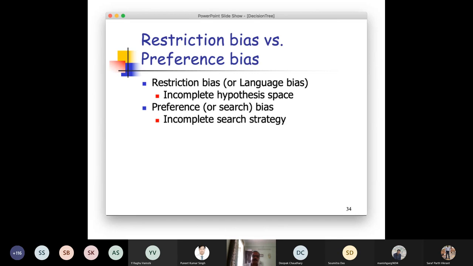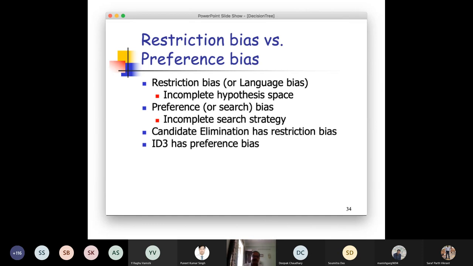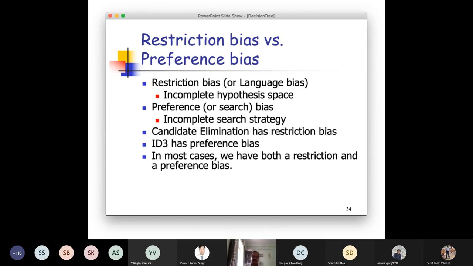If you give a preference bias, you have the complete hypothesis space, but you prefer one hypothesis in comparison to the other. Here, the depth of the tree is that preference. Then your hypothesis space may be complete, but you are not searching every point, so that's an incomplete search strategy. The candidate elimination algorithm has restriction bias, whereas ID3 has preference bias.